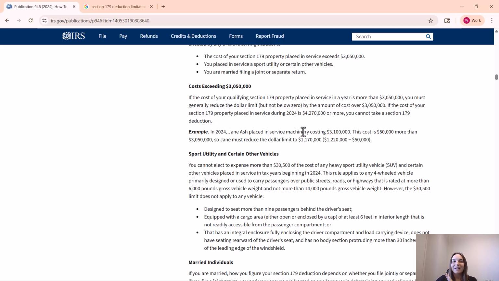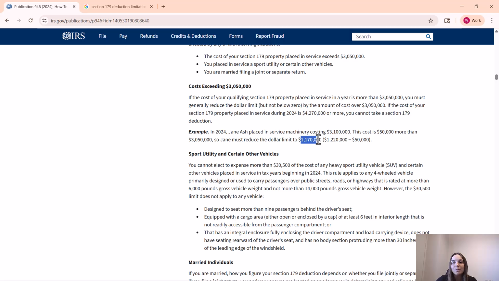So let me kind of explain this. It has a really good example here. So Jane Ash placed in service machinery costing $3,100,000. This is $50,000 more than this limit, okay? So she can take this maximum of $1,220,000 and she has to reduce that by $50,000.